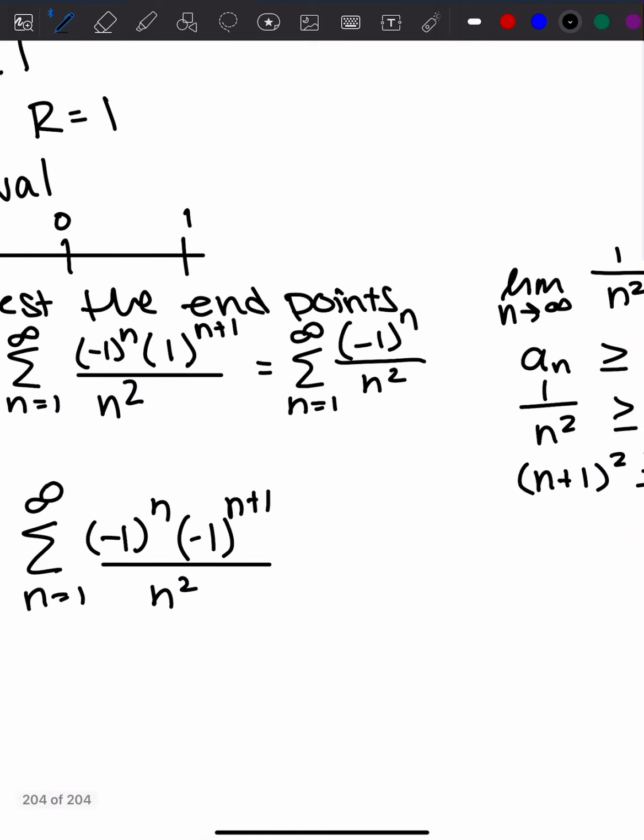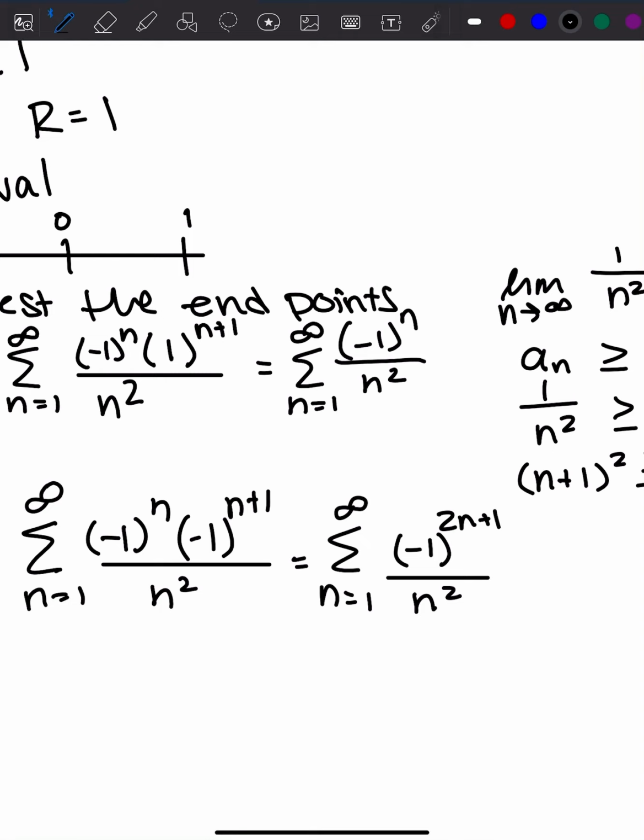If I combine these together, when we're multiplying two things of the same base, we add the exponents. So we get the summation from n equals 1 to infinity of negative 1 to the n plus n plus 1, which is 2n plus 1, divided by n squared.